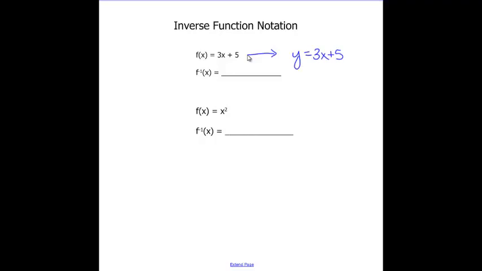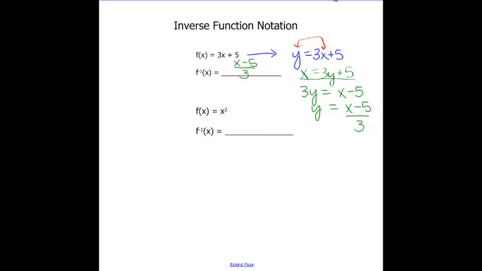Now I'm going to swap my x for my y. x equals 3y plus 5, and to get it in function notation form, I now have to solve for y to get the inverse f of x function. y is going to be equal to x minus 5 all over 3. The inverse function of x is going to be x minus 5 over 3.